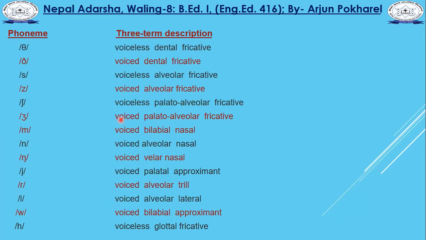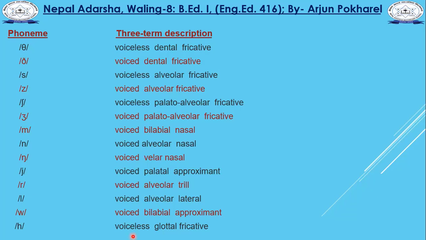Okay, all of them are voiced from here, from ma to wa, because they come alone. Here is ja, which doesn't come alone, it comes with sha, they come in pair. Here sha is voiceless and ja is voiced. But ma, na, nga, ya, ra, la, wa are voiced, and ha is what? Ha is voiceless.